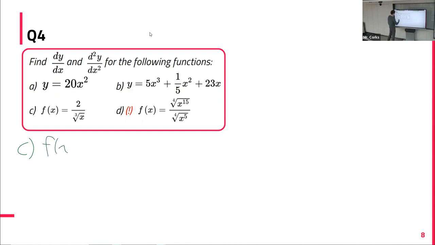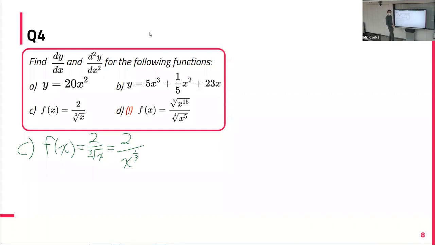So if we rearrange this thing, cube root x. Okay, so first thing is a root is the same as a fractional exponent. So x to the exponent 1 over 3, that's the exact same thing.